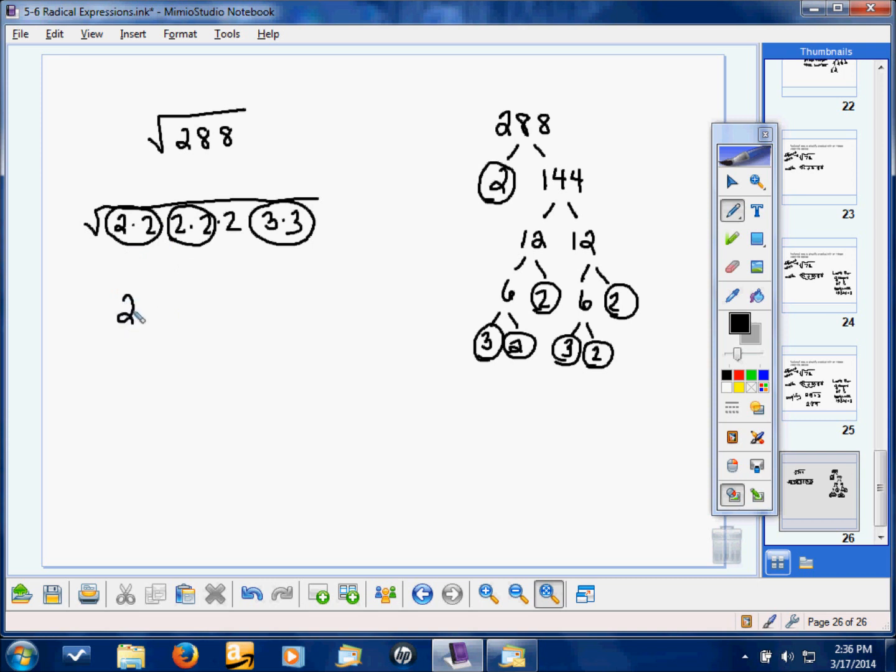So you bring out a 2 for this one. You bring out another 2 for this one. You bring out a 3 for that one. And we're left with the lonely 2 inside. So 2 times 2 is 4, times 3 is 12. 12 square root of 2.